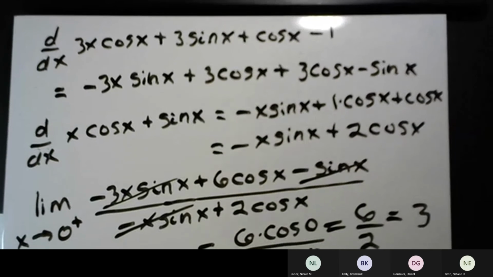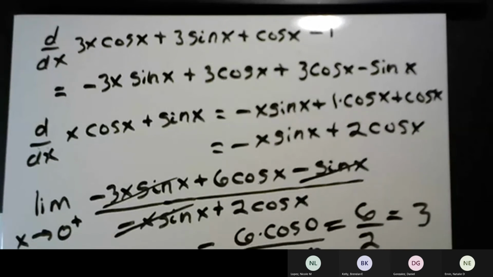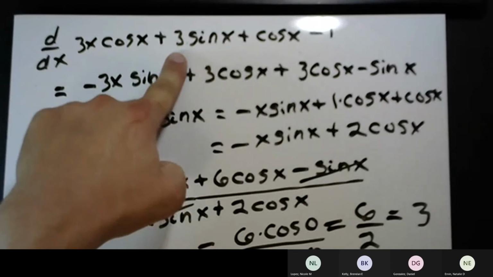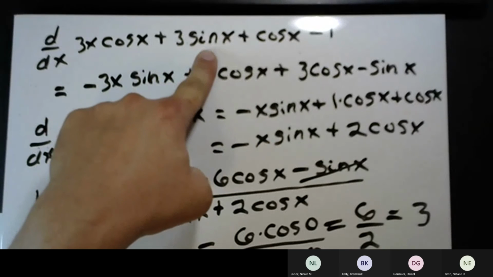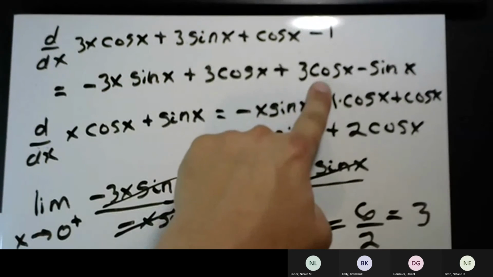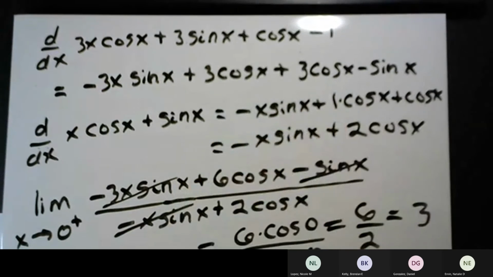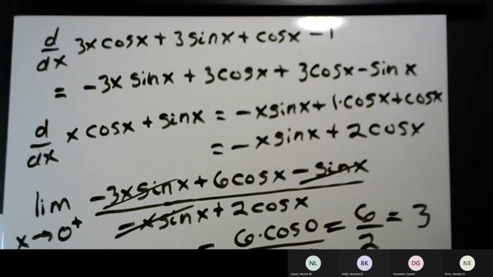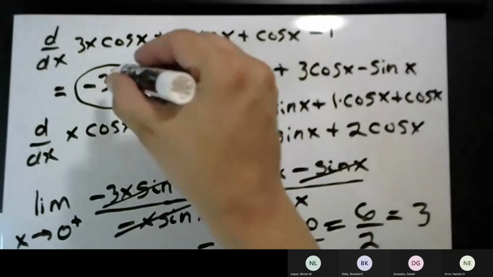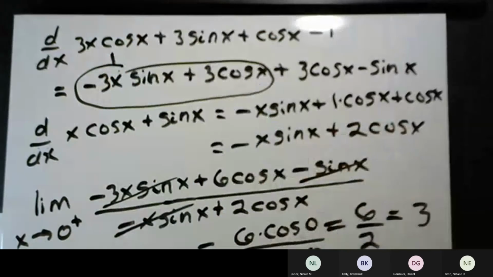let me see, how did you get the second 3? Oh, so the second one, it's from taking this derivative, the derivative of 3 sine x. That's going to be 3 cosine x. That's where that's coming from. So these here are from the product rule.